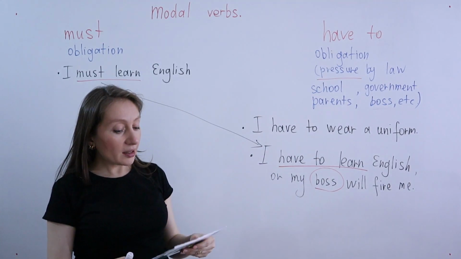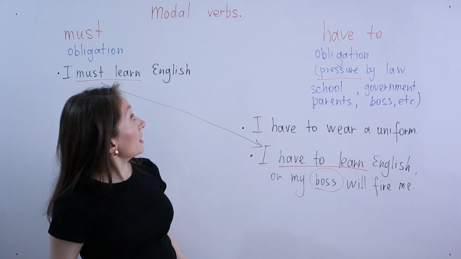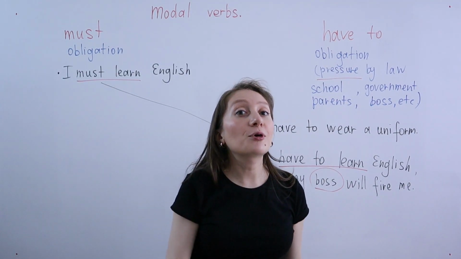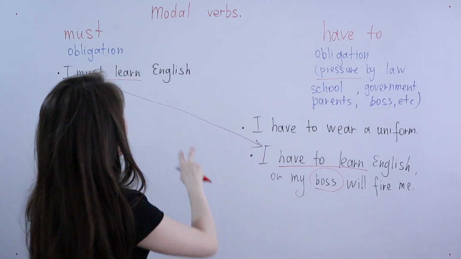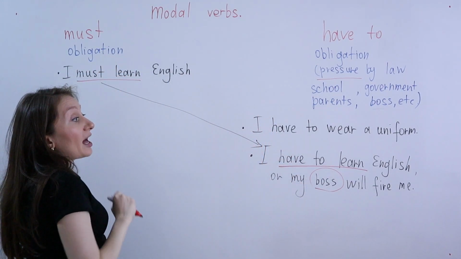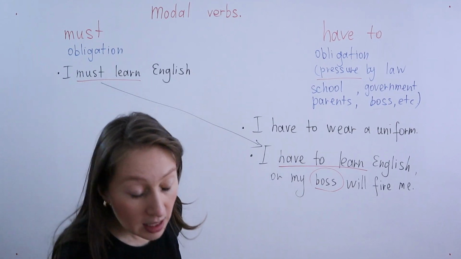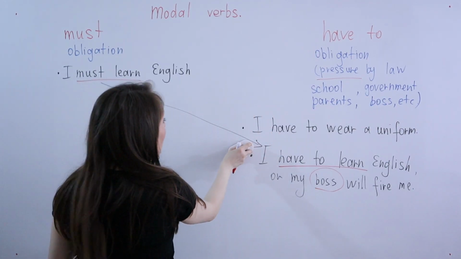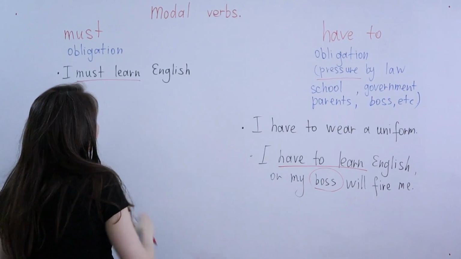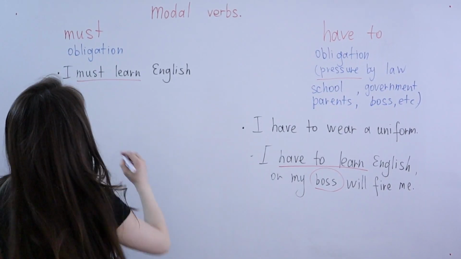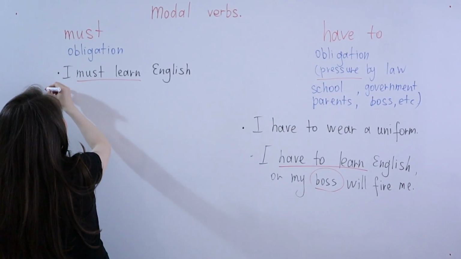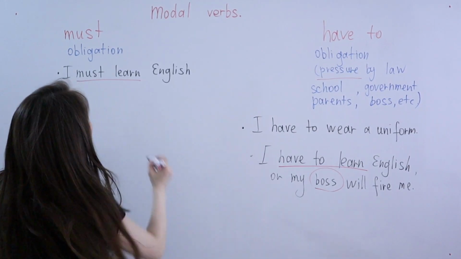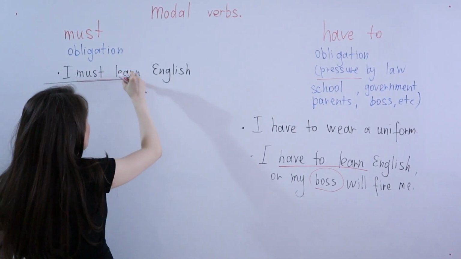So the next one, let's talk about negative form of the same verbs. So we have must, we will have mustn't, and the same for have to. So mustn't, let me write it like that.